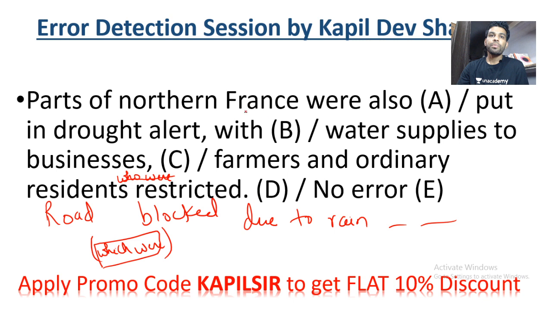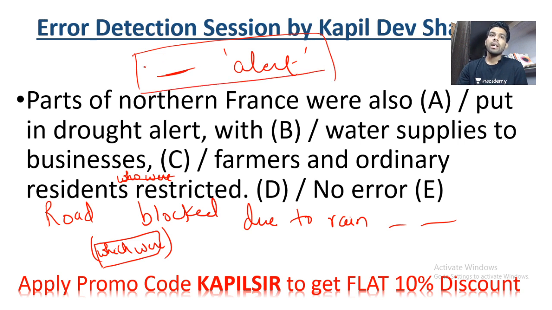Now to everyone, let me ask you something. You are going to put a preposition here. I'm going to say alert. This is the object. What are you willing to put here? When something is what? In alert, on alert, at alert, off alert, what do you say?